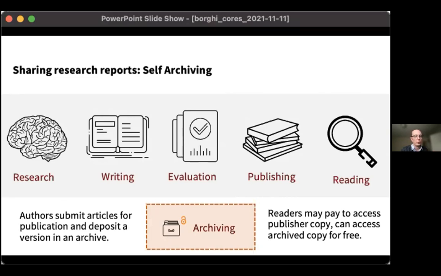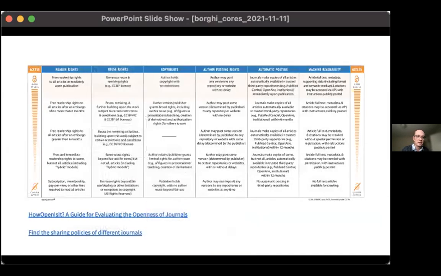For those of you who live and breathe in NIH world, this is what PubMed Central is. Many universities and other places have policies like this. But even with open access publishing, there's a huge range of different things. This is what I was talking about before about degrees of openness. This is a guide called How Open Is It?